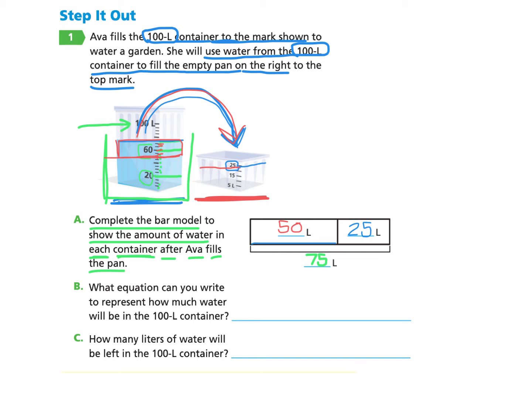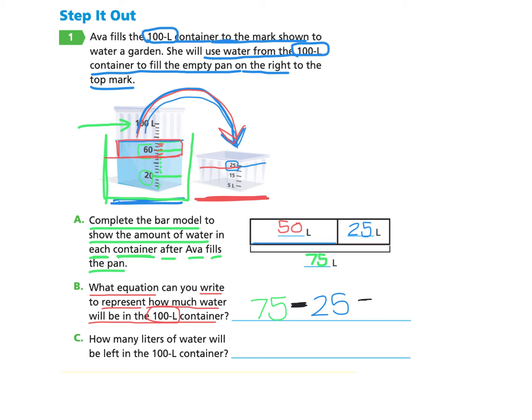So now part B asks, what equation can you write to represent how much water will be in the 100-liter container? Well, first we started with 75 liters and we poured water into the other container. How much water did we pour in there? Oh, we poured in 25 liters. So we subtracted 25 liters of water from 75 liters of water.